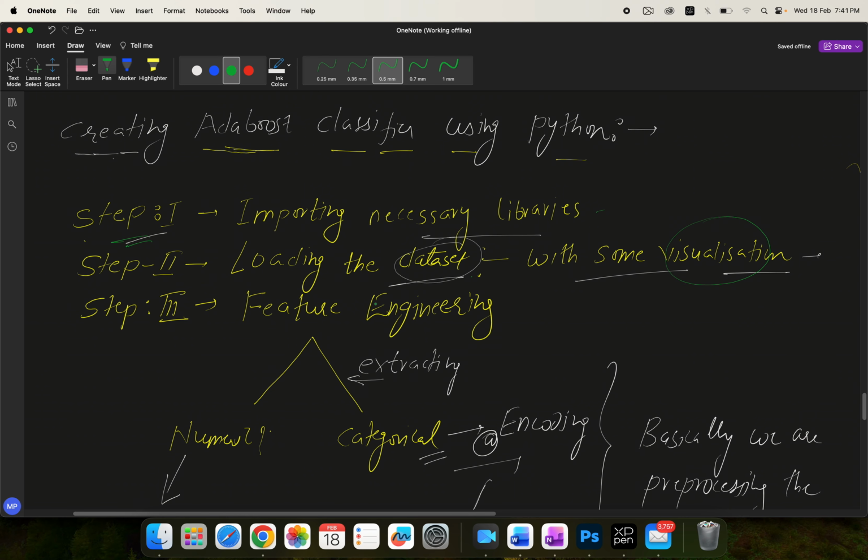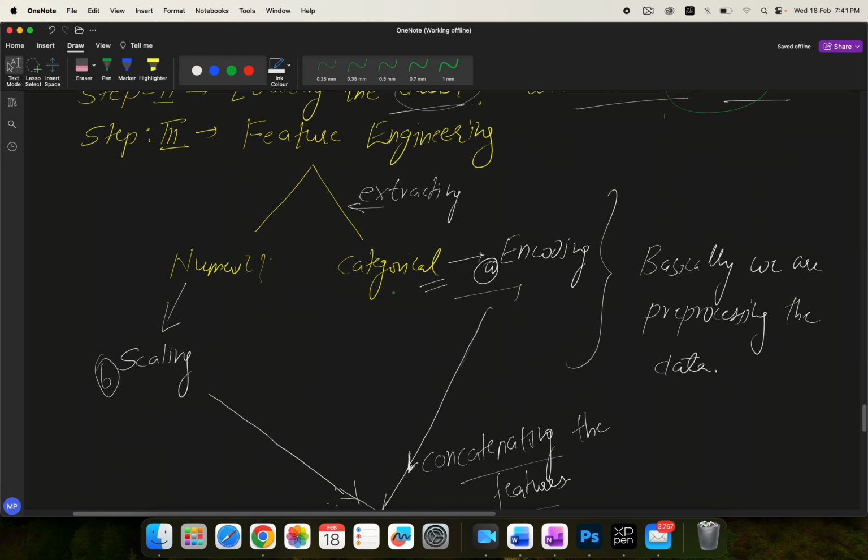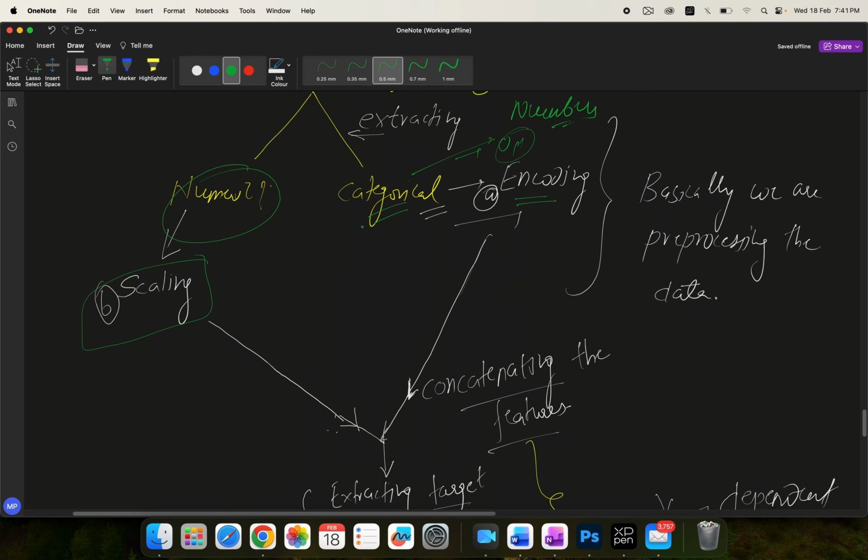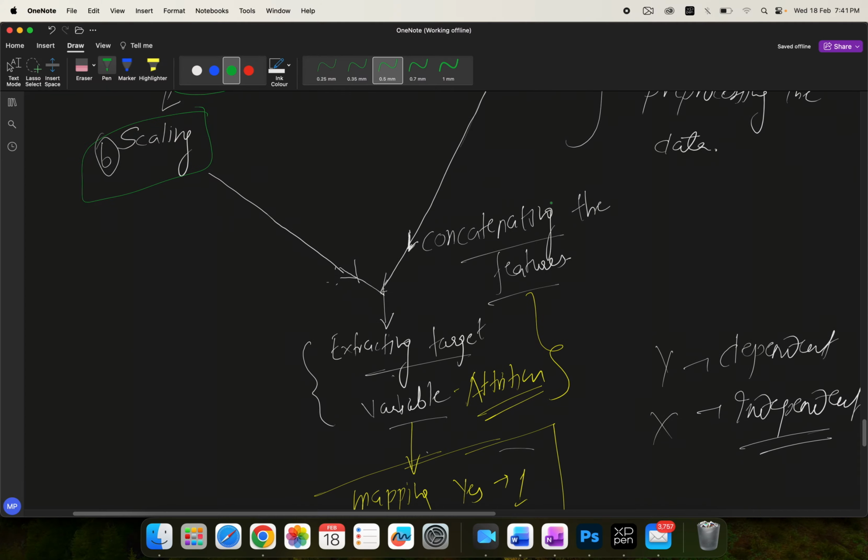Step 3 will be feature engineering. Under feature engineering we have to perform categorical and numerical engineering. There are certain datasets which have categorical data, so we have to go for encoding. Machine learning understands zeros and ones, so we have to convert all of these into numbers, and for numerical data we have to scale the dataset. After scaling the numerical data and encoding the categorical data, we will concatenate the features.